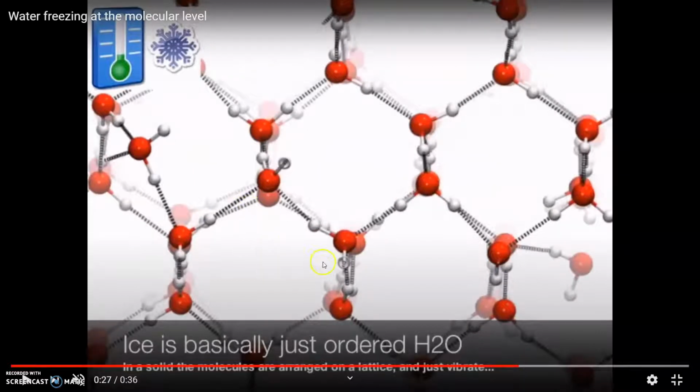So notice all this space in between water molecules. This should help you gain a visual as to why water expands, because each water molecule is then pushing and pulling another one to form this structure. Whereas before they were all just randomly scrambled within there. Now there's these ordered spaces in between each water molecule.